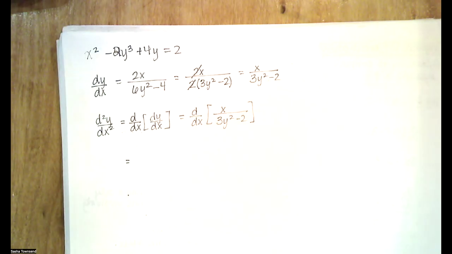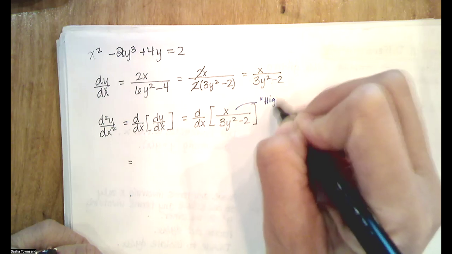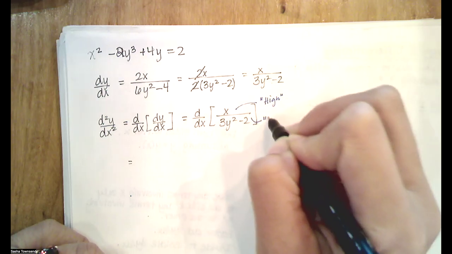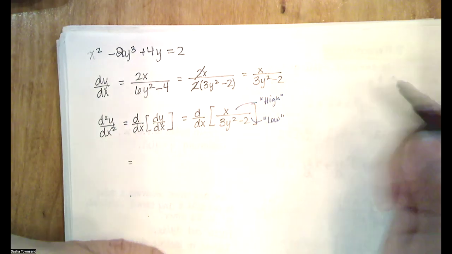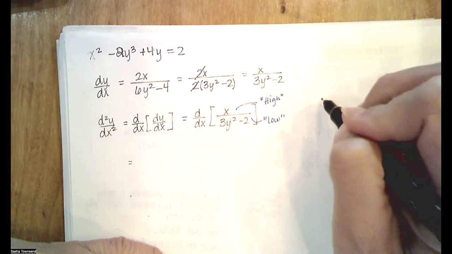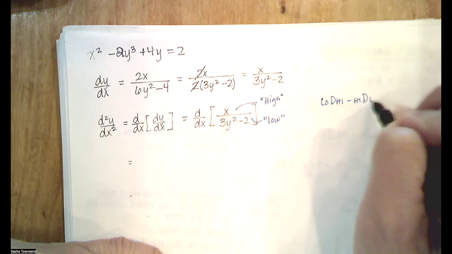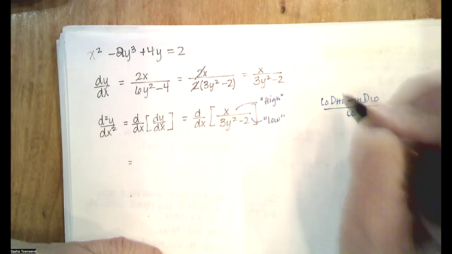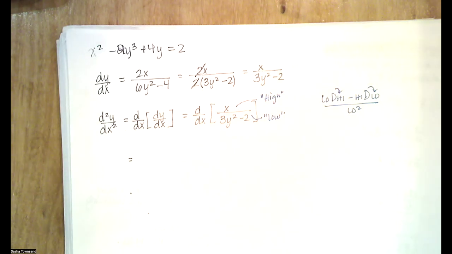If we call this the high function, of course, it's high, and this is a low function. Sometimes I abbreviate that HI and I abbreviate that one LO. The mnemonic for the derivative of a quotient is low D high minus high D low over low low. And the differentiation operator applies to whatever's in front of it.